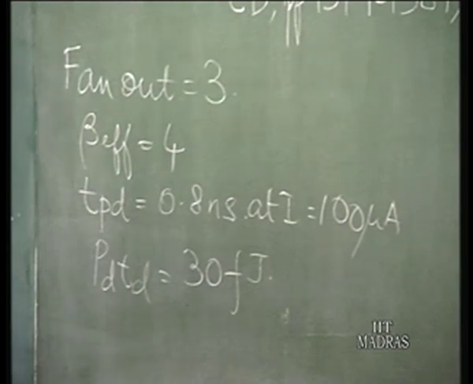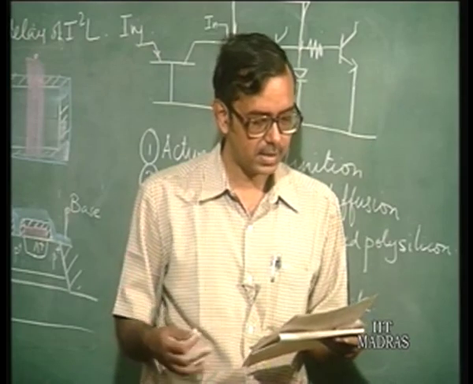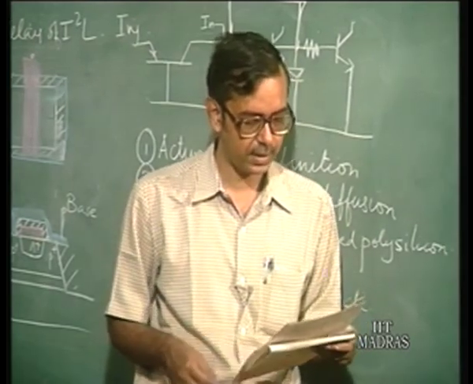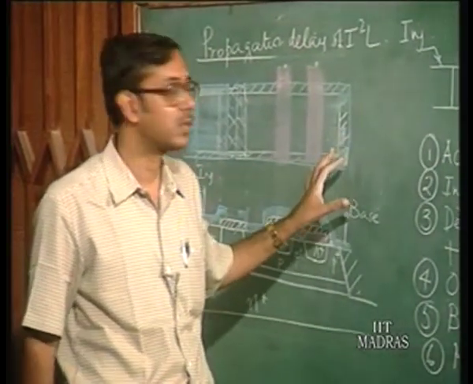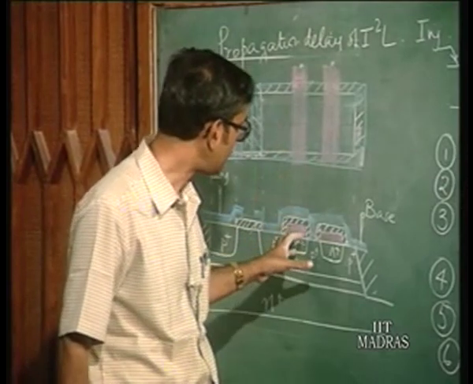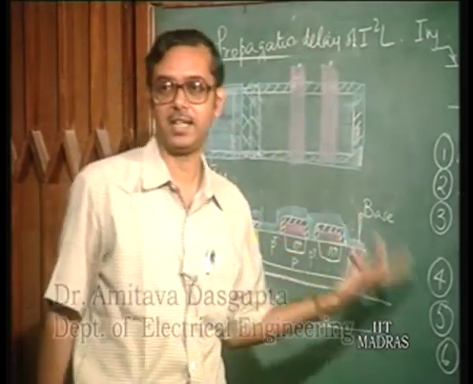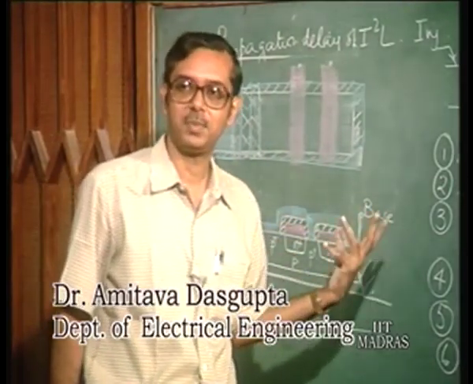In fact, later on, still further improvements have been made in technology, which makes it very complicated, and most of the simplicity inherent in the I²L structure has been lost.